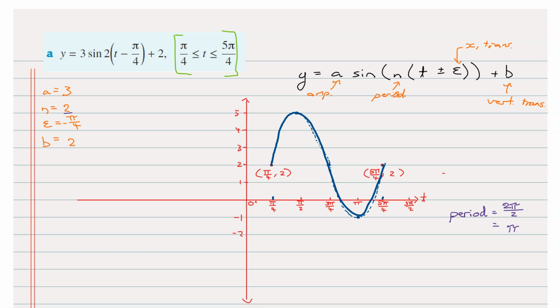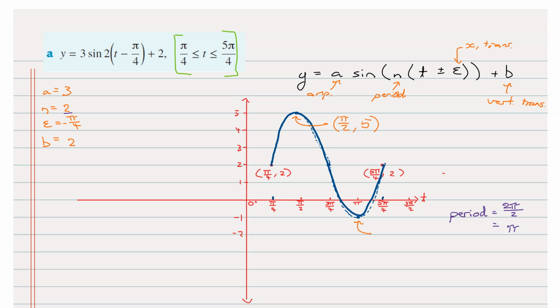Now the next parts of information I could put on this graph is I could say the maximum, so this point here, this is at point pi over 2 and 3 plus 2, which is 5.